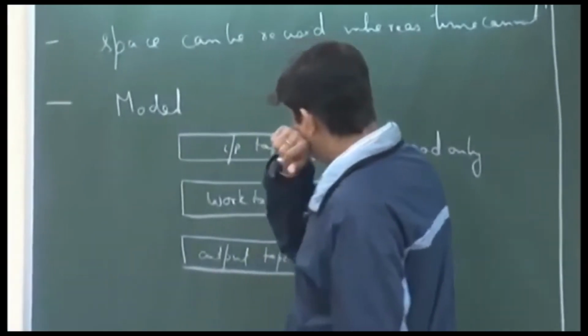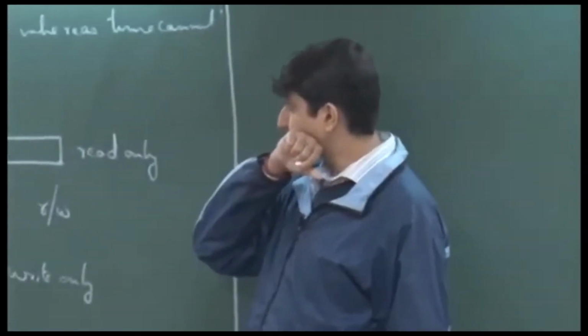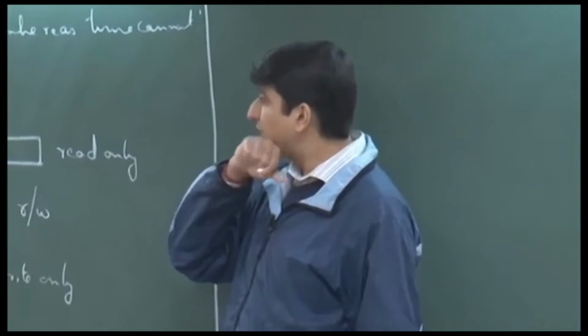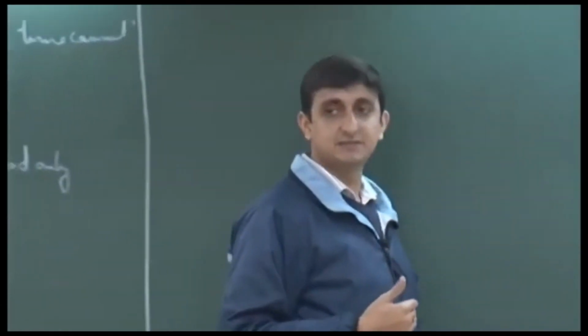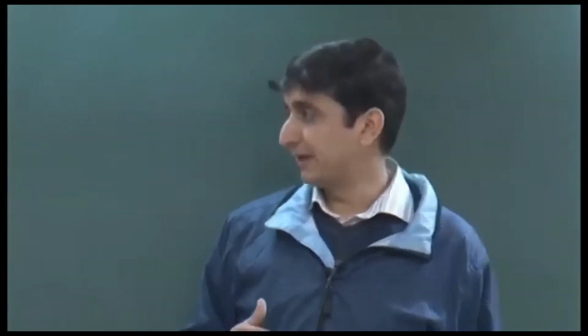Now, when we say that the space used by a Turing machine is the number of cells that it uses, which cells do we count? That is an important question, and it needs to be fixed a priori.